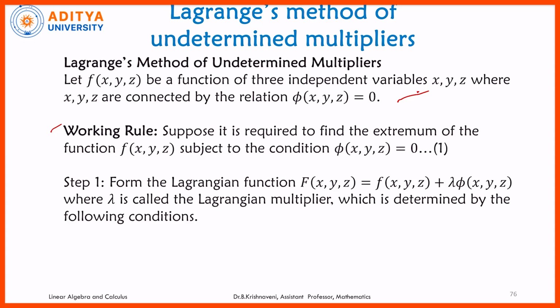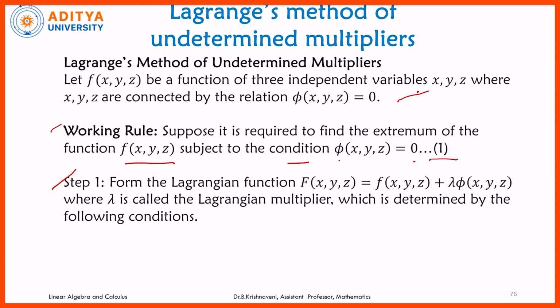Suppose it is required to find the extremum of the function f of xyz subject to the condition phi of xyz is equal to 0, which means we need a maximum or minimum value of the function f of xyz subject to the condition phi of xyz is equal to 0. Let it be 1.